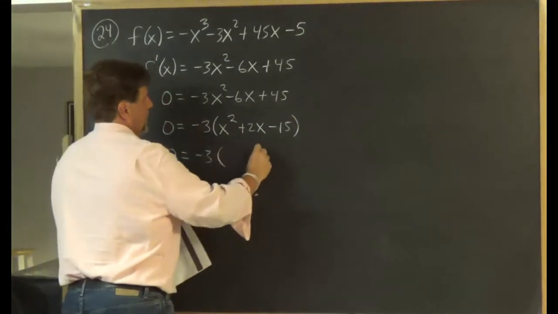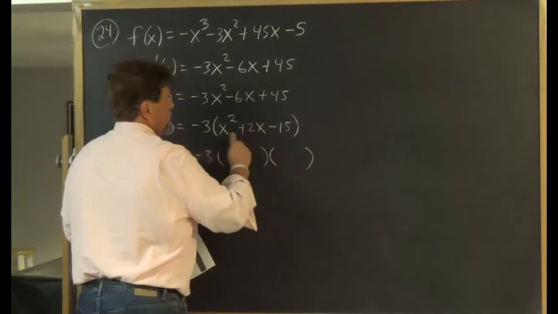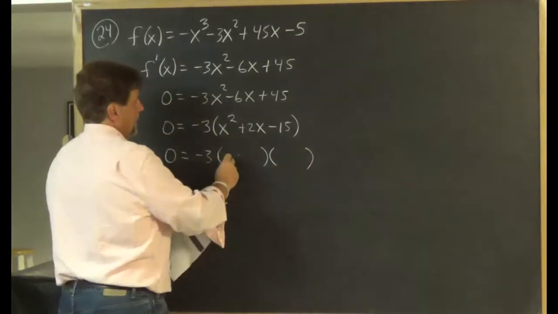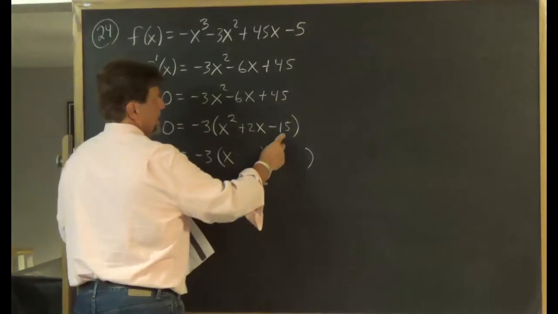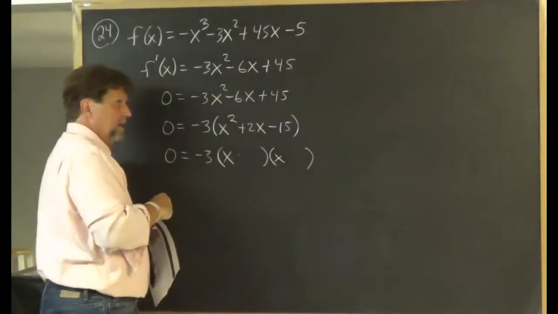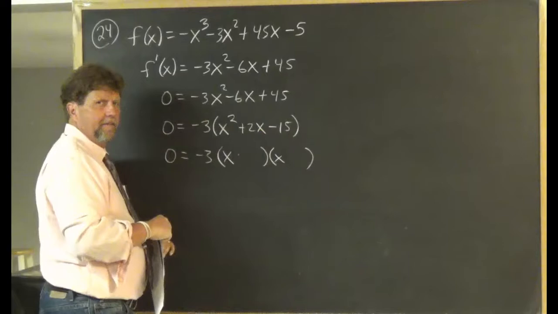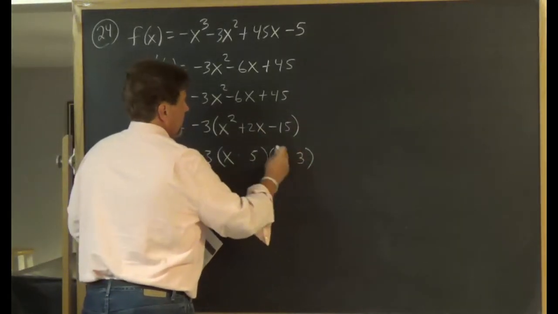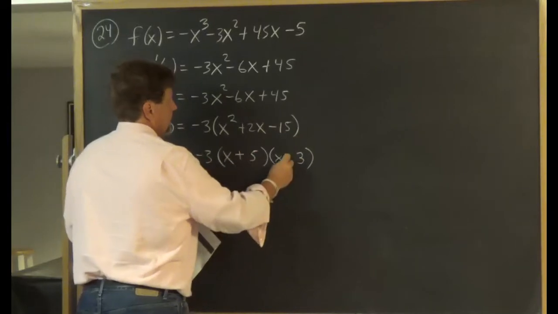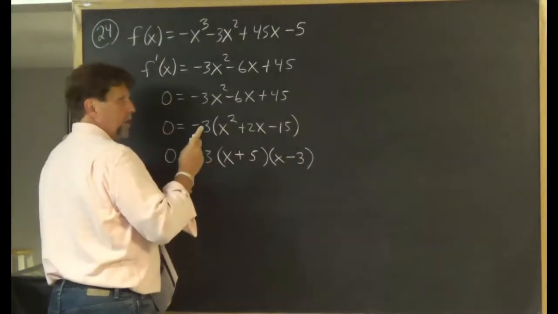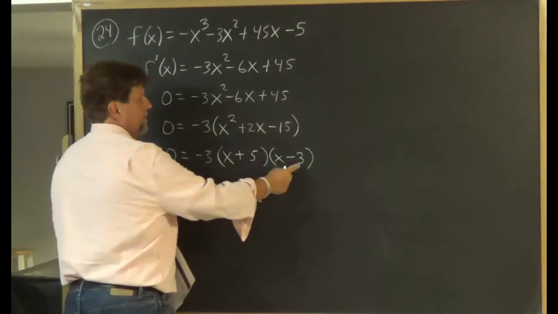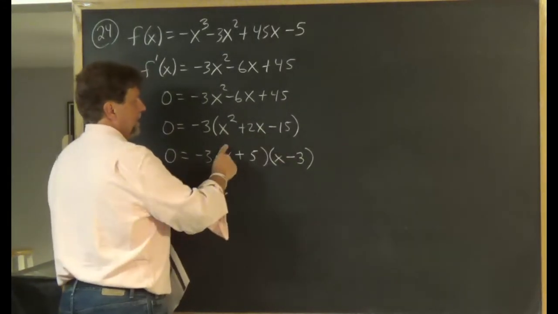And then I try to factor this trinomial. If it doesn't factor, I have to use the quadratic formula. Let's see, x and x. I think of factors of 15. What pops into my head are 5 and 3. So 5 and 3. I think this is a plus and that's a minus. A quick check. x times x is x squared. 5 times -3 is -15.